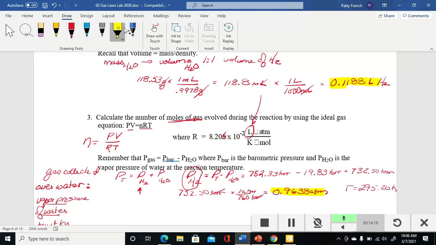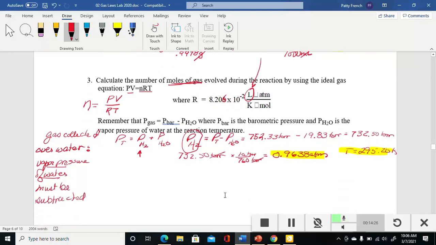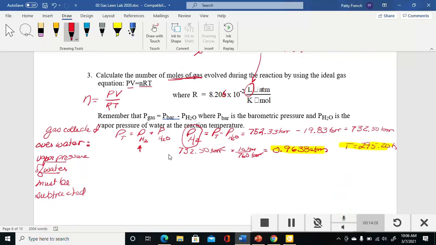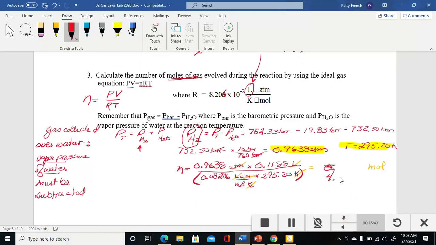So we've got our temperature, and of course we know R. So let's go ahead and plug everything into our rearranged ideal gas law. So n equals 4.726 times 10 to the minus third moles of hydrogen gas. Excellent. Making headway.